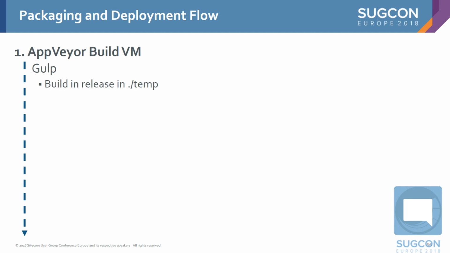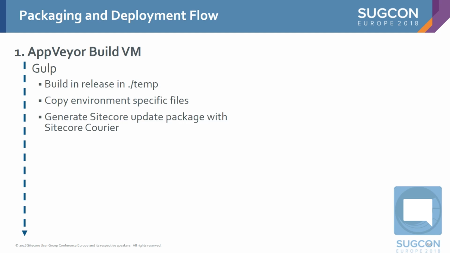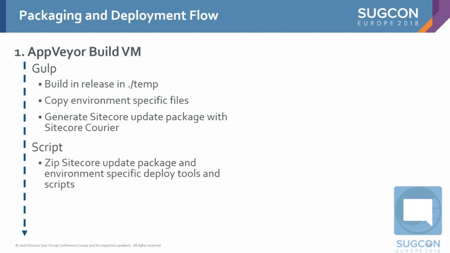First, I build in release in a temp folder instead of building directly and publishing to my web root, because I don't have a web root. I copy some environment-specific files, really for staging or production, for example. I can have multiple target environments. And I generate a SUGCON update package using SUGCON Courier, which is an amazing tool. I like it.